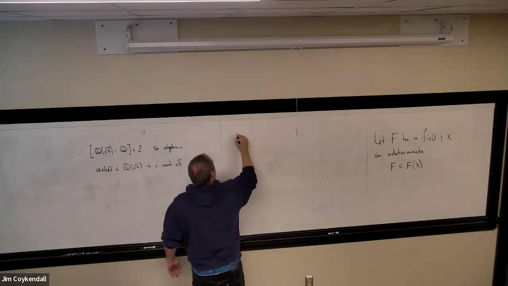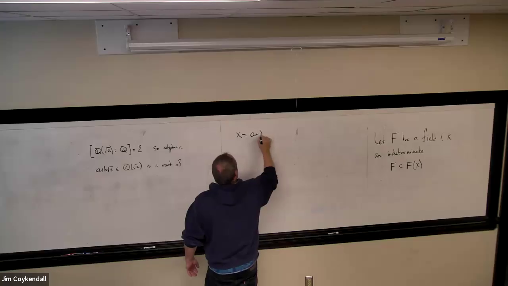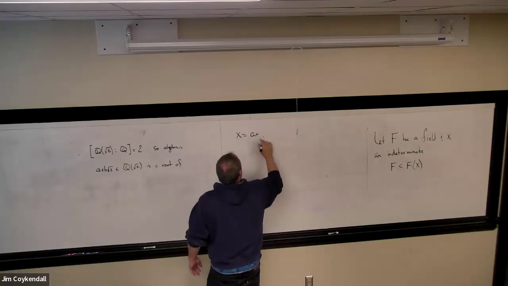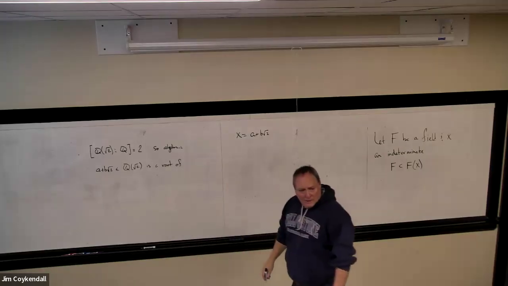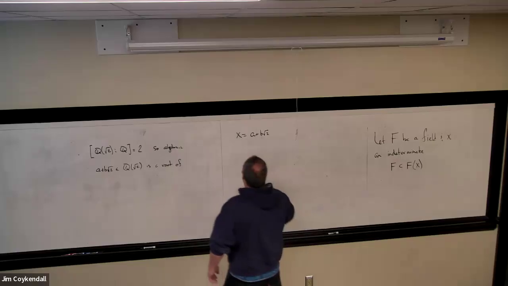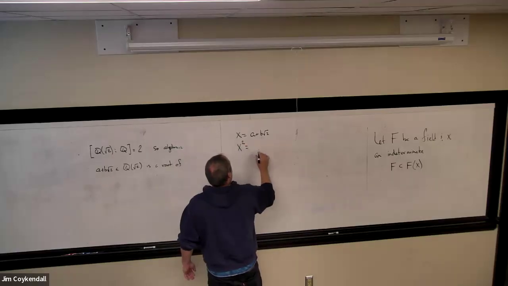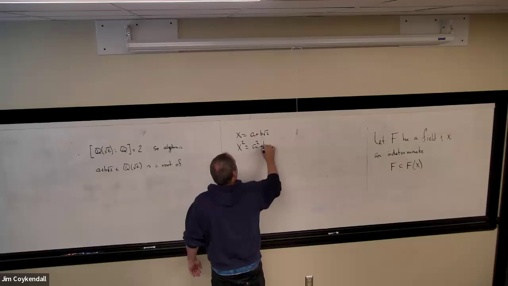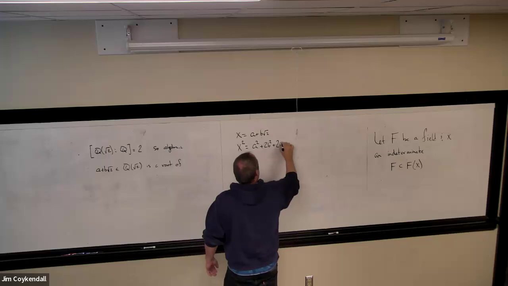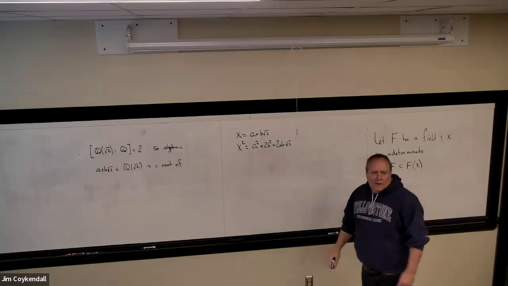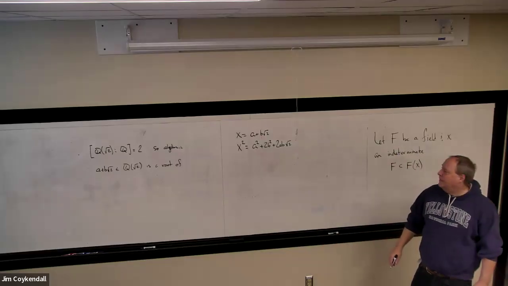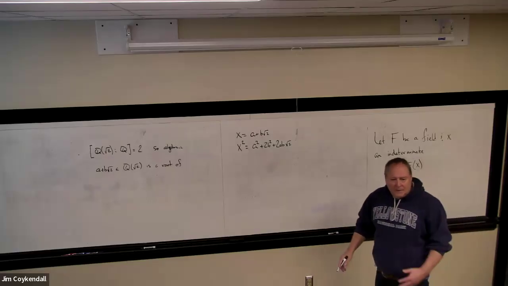So let x be that thing, a plus b radical 2. This is a squared plus 2. Everybody cool with that? Now it's just a bunch of linear algebra to figure out how to make this work.